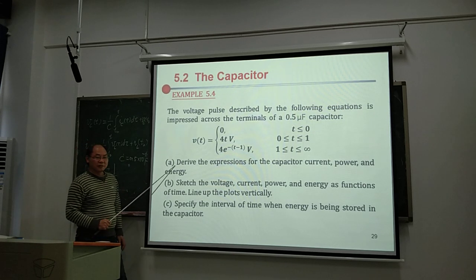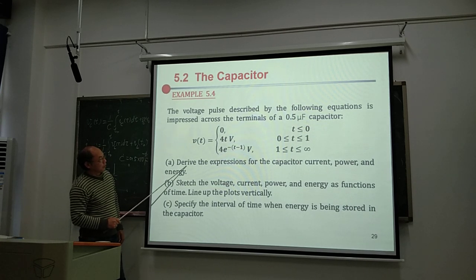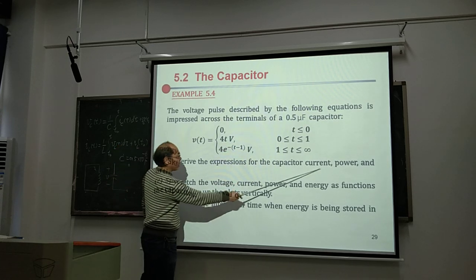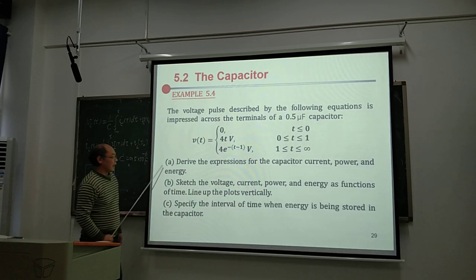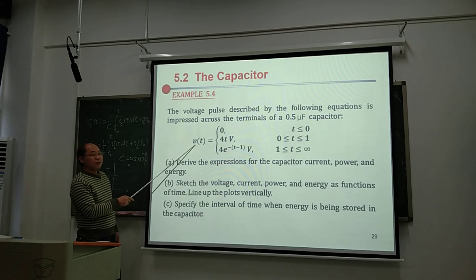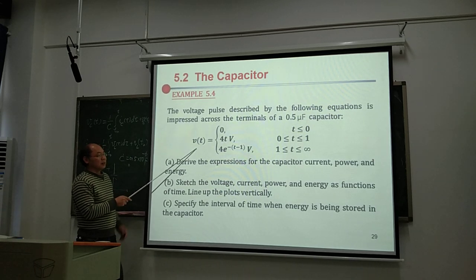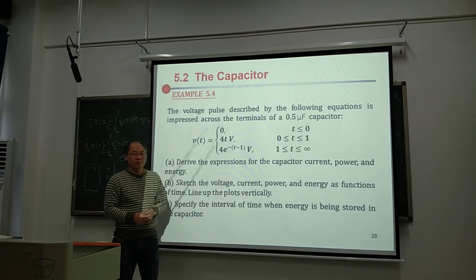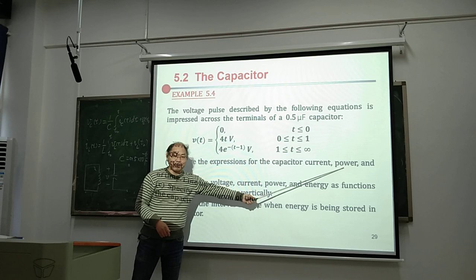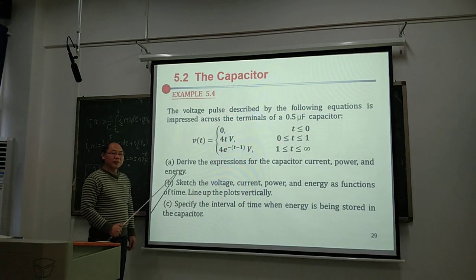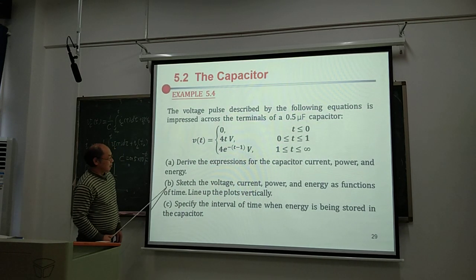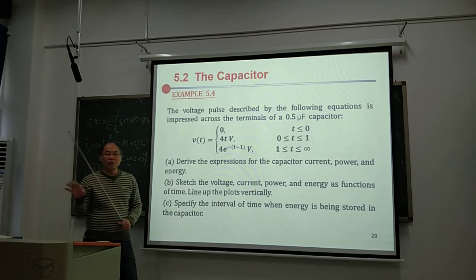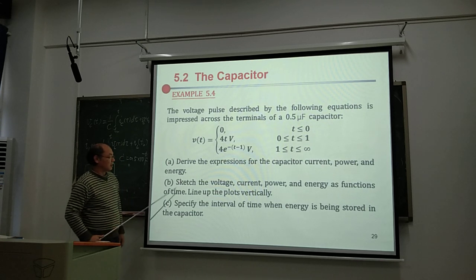And they say, A, derive the expressions for the capacitor current, power, and energy. So we know the voltage, but we need to calculate current i, power p, and energy w. B, sketch the voltage, current, power, and energy waveforms as functions of time.